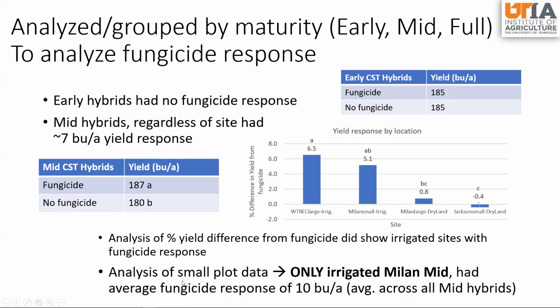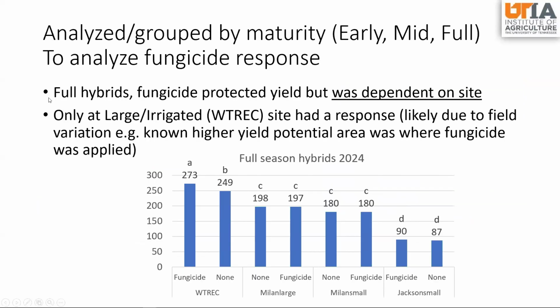And again, looking at just our small plot data, only our irrigated location here in Milan had an average fungicide response of 10 bushels per acre, and that's across all the mid-maturity hybrids.